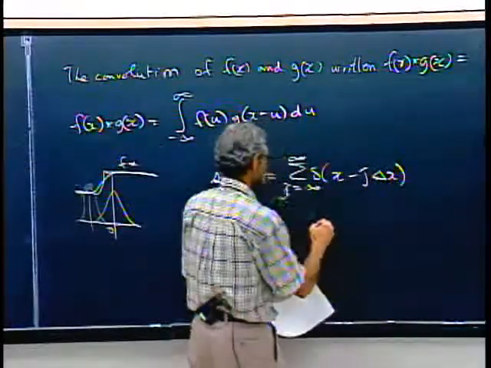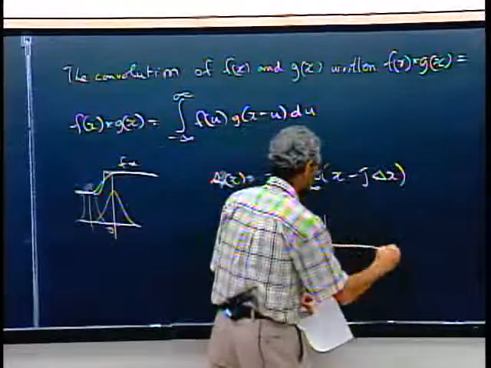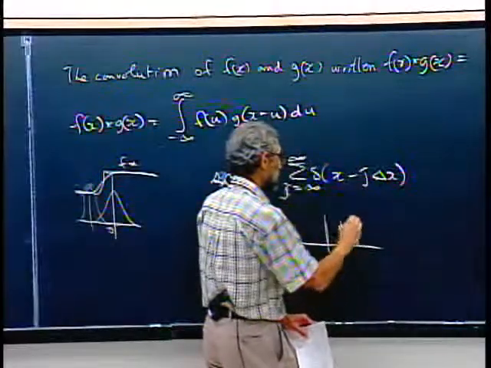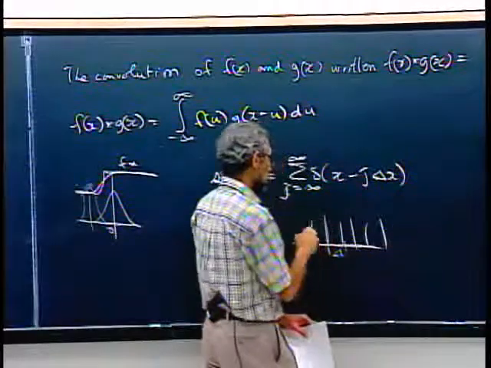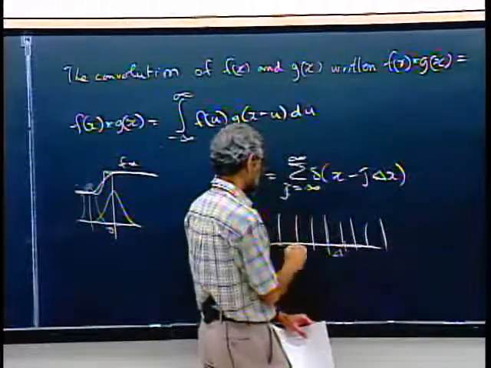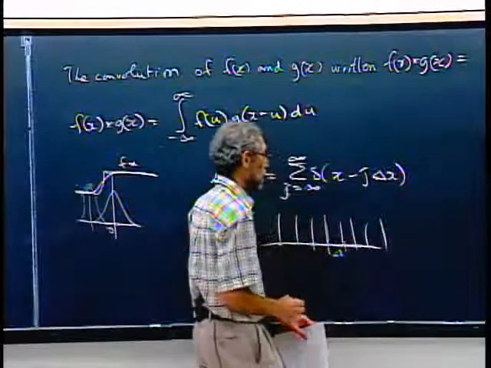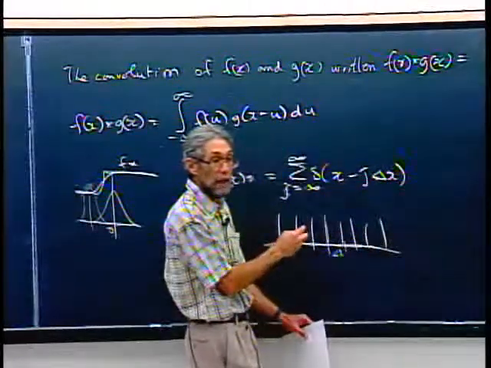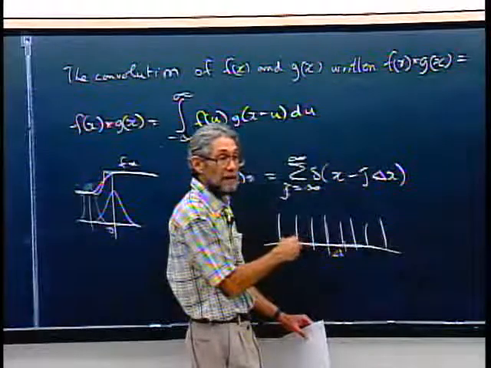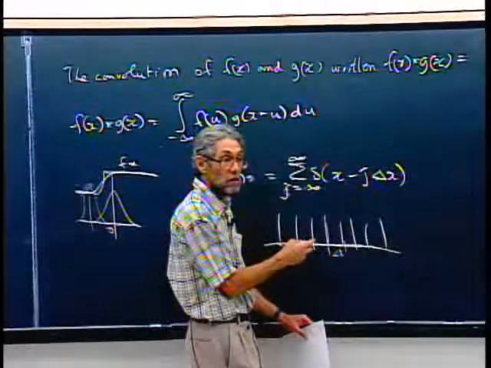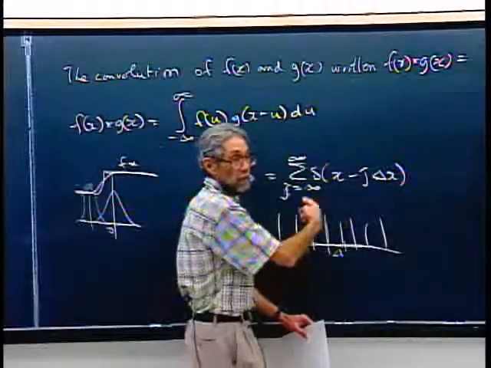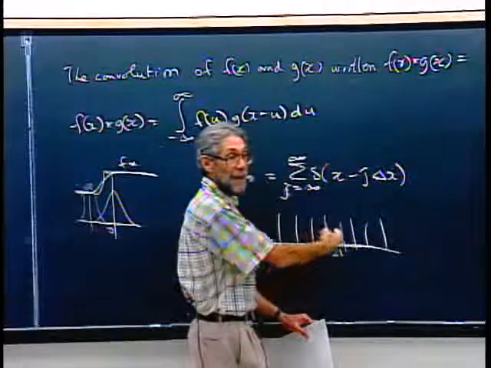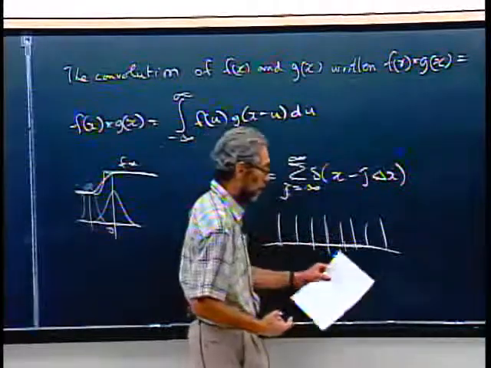What that means is you have a spike at 0, and then for every spacing delta x, you have spikes here. So it's a train of spikes. And the application we're going to have is if you have a sampled image, it's as if you multiplied it by this series of delta function spikes, and think of you only sampling it at these exact positions and forgetting what it is everywhere else.